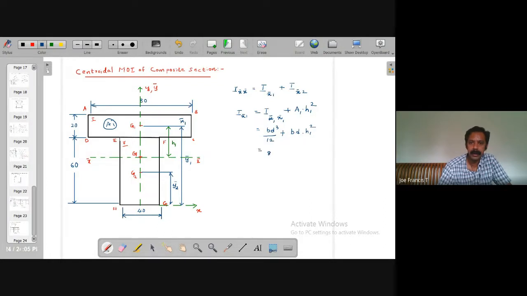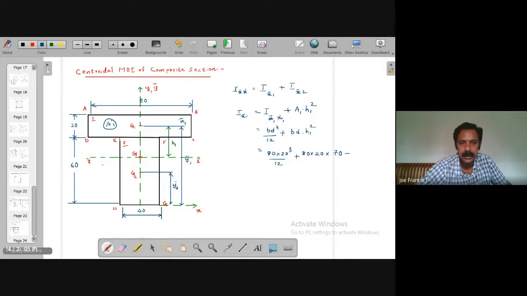B is 80, D is 20. 80 into 20 cube/12 plus area 80 into 20 into h1 squared. h1 എത്രയായിരിക്കും? നമുക്ക് ഈ അടിയി�ൽ നിന്ന് എക്സ് ആക്സിസിൽ നിന്ന് സെൻട്രോയിഡ് വരെ ഡിസ്റ്റൻസ് എന്ന് പറഞ്ഞാൽ 70 ആണ് അല്ലേ. അപ്പോൾ 70 മൈനസ് ഇവിടുന്ന് ഇവിടം വരെ ഡിസ്റ്റൻസ്, അതായത് ഈ ഡിസ്റ്റൻസ് എന്ന് പറയുന്നത് 46 ആണ്.